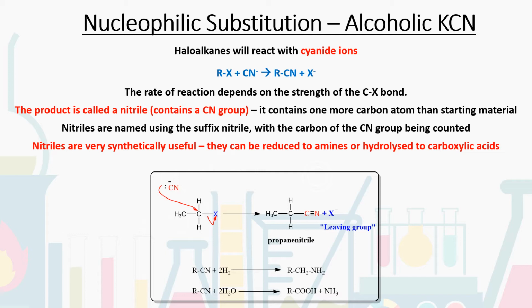Or we can hydrolyze our nitrile with water, and this ends up producing a carboxylic acid. So we can end up starting off with a haloalkane, getting very easily to the nitrile functionality, and then from there very easily getting to the carboxylic acid or to the amine functionality.